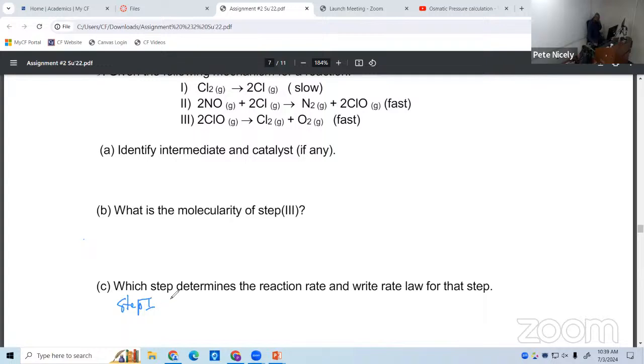And what would be the rate law for that step? Step 1. Rate is equal to what? K times the concentration of Cl2. Exactly.